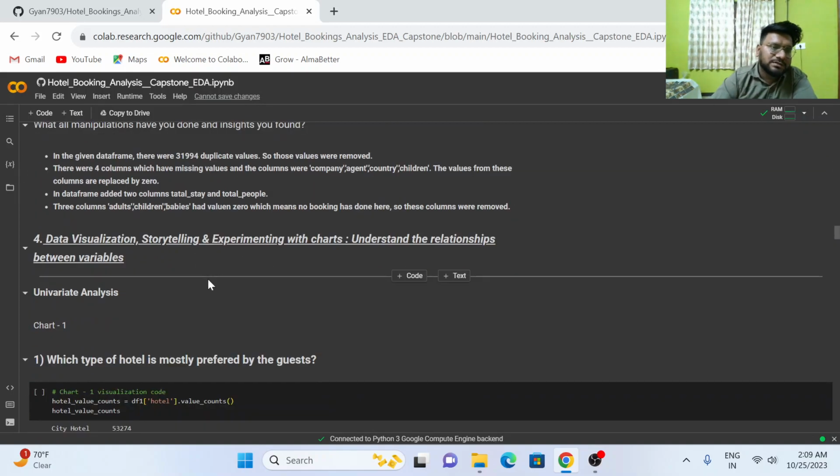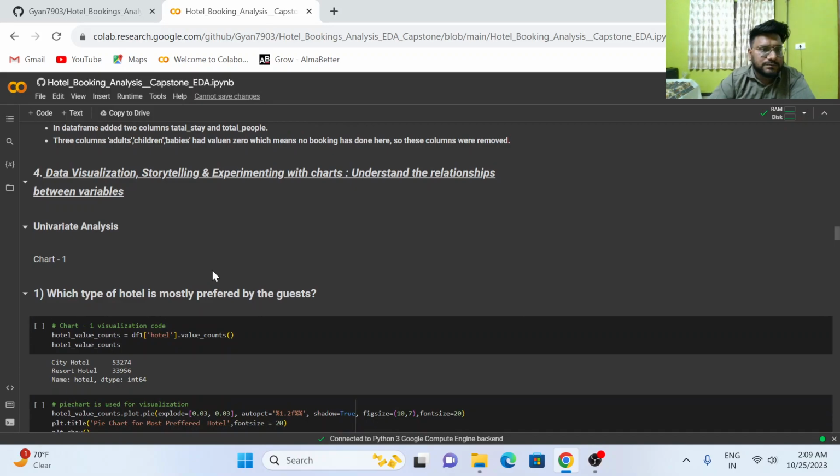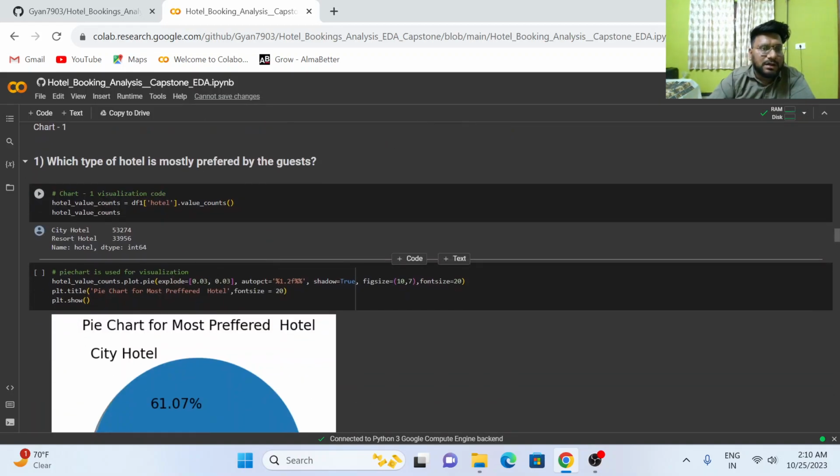Okay, so next we will be starting with our data visualization, our EDA part. The first question we'll be asking is, which type of hotel is mostly preferred by the guests? We'll be starting with univariate analysis. We used the value counts function on the hotel column, and found that the types of hotels were city hotels and resort hotels.